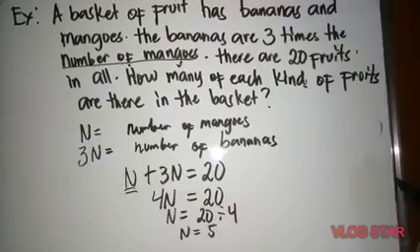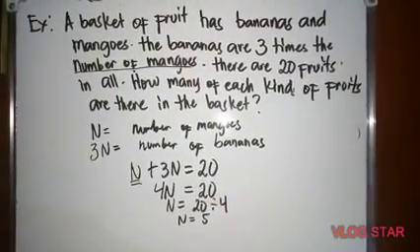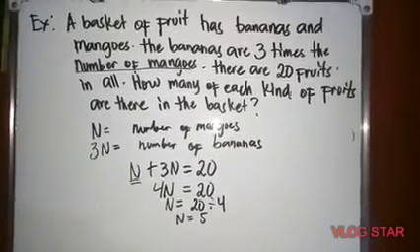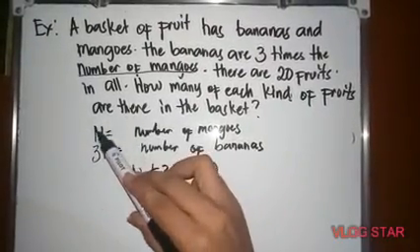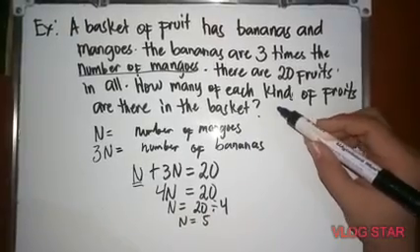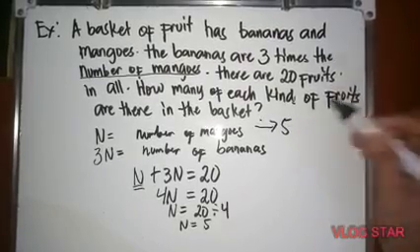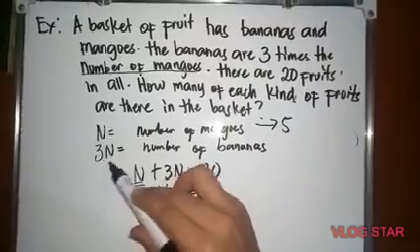And let's see if our answer is correct. Now let's find the number of mangoes first. Since for the mango it is n, it means that we have 5 mangoes. For the number of bananas, we have 3n.